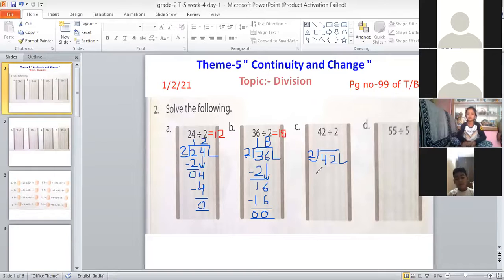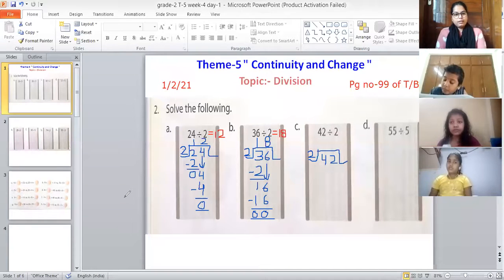Okay, Dhriti, now tell me, will we take 4 and 2 together or will we take only one digit at a time? Ma'am, we will take only 4 because 4 is greater than 2.